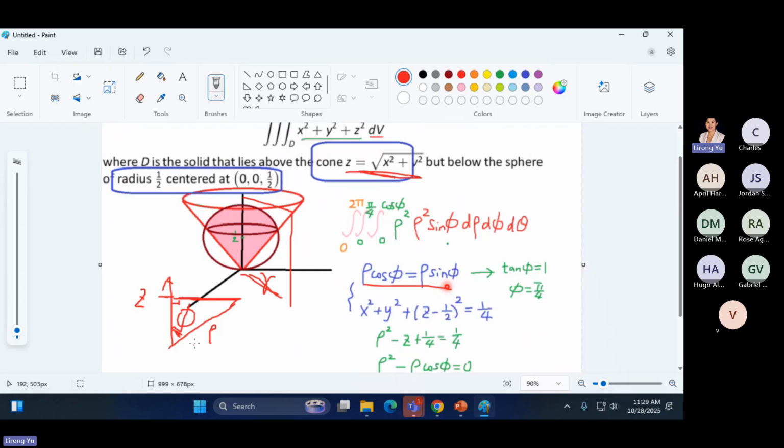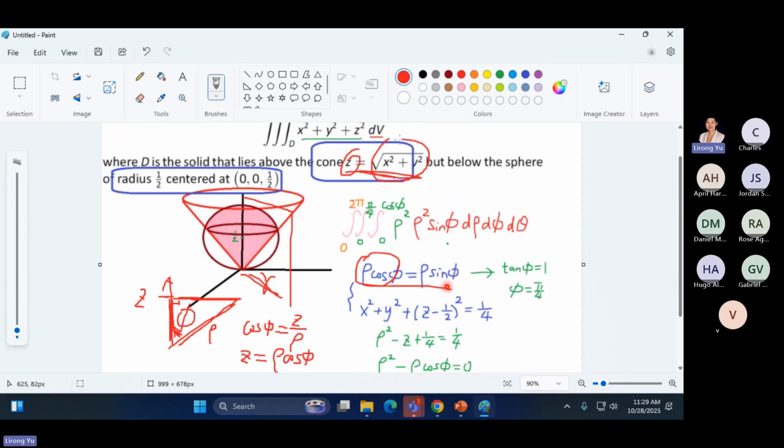So this part is z. Cosine phi is adjacent over hypotenuse, so cosine phi is z over rho. Then we naturally have z equals rho cosine phi.